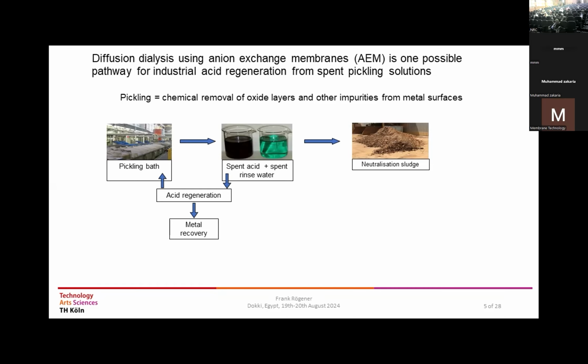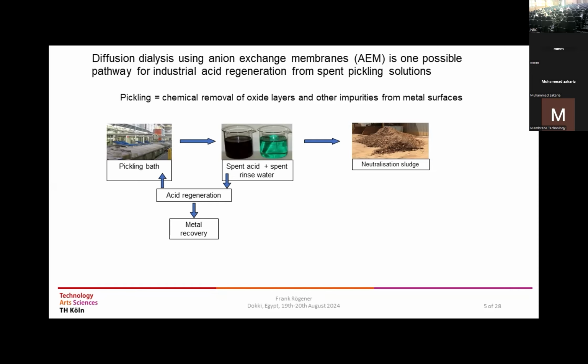What we achieve normally is a dark blue or dark green solution that can be seen in the middle, and on the right-hand side you can see the result of such a filtration process using diffusion dialysis membranes. So the effect is we receive active acid that can be recovered to the pickling process, and we receive a concentrate that contains almost all of the metals, and this solution can be also recovered, or the metals can be recovered by different processes, including precipitation especially.